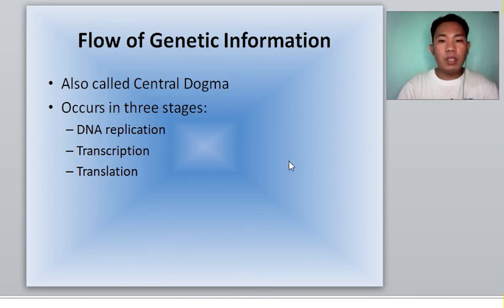The flow of genetic information is also called the central dogma, which occurs in 3 stages: DNA replication, transcription, and translation.